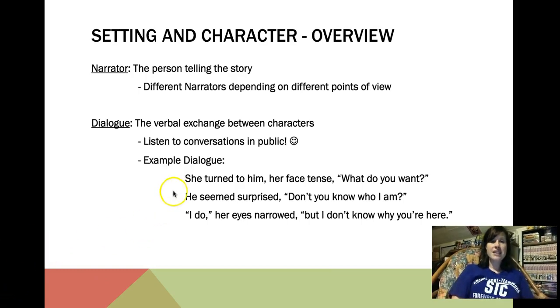And I've given you guys kind of an example of dialogue here and how to write it. So when you write dialogue, notice that there's always a comma before you start the dialogue, and then there's always punctuation inside the quotation marks. So you want your entire text and punctuation inside your quotation marks for your dialogue.